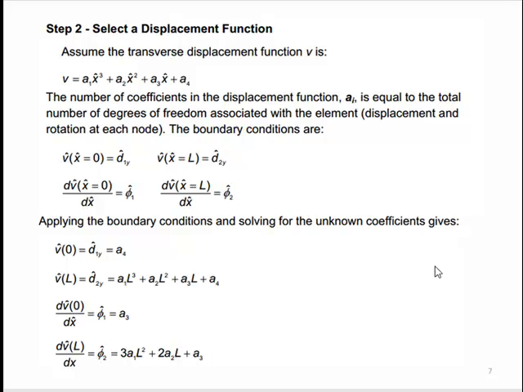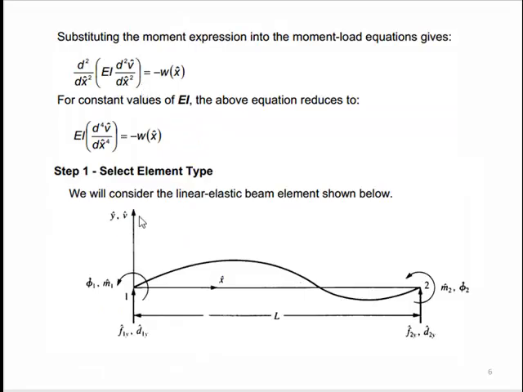Now, we will assume the transverse displacement relationship of this form, and we have discussed that many times earlier, that polynomial type of functions are the most popular type of function to be used as displacement function. And in this case, the nodal degree of freedom of each node is 2.